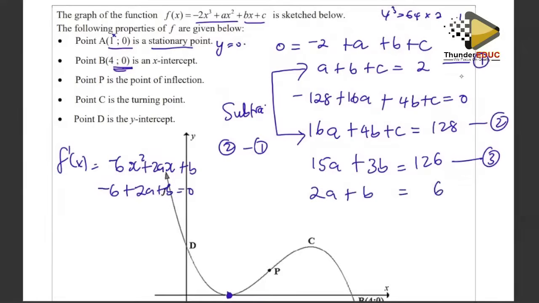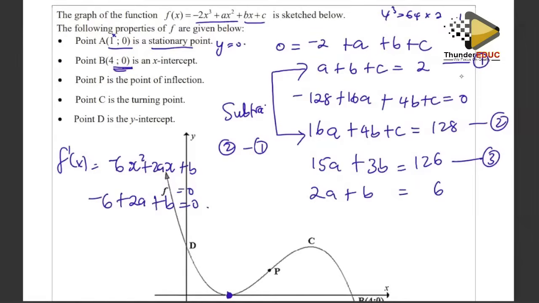And so if we have something like that, does it make sense? No, it doesn't. It's not making sense. So what would we say? If x is 1, that's negative 6 plus 2a, and then we are saying plus b should give us 0.